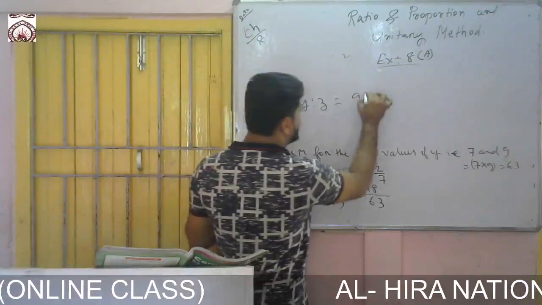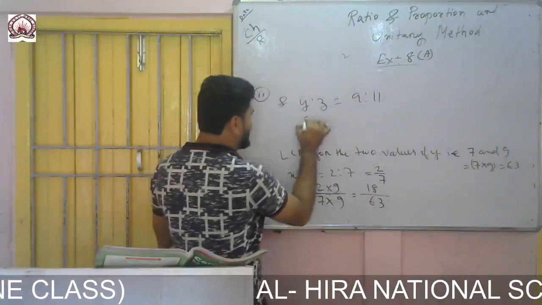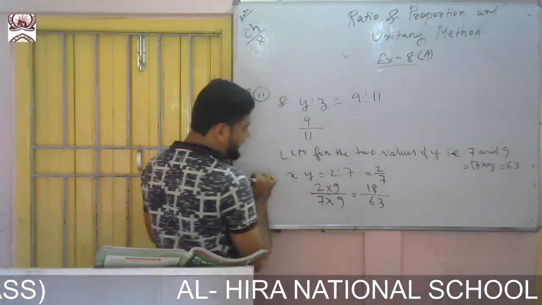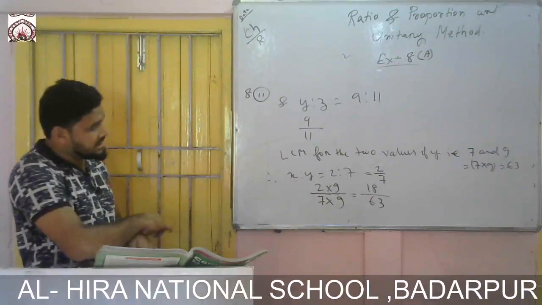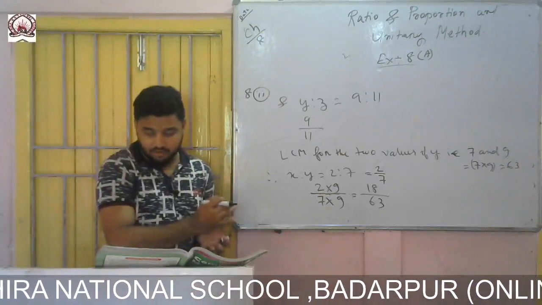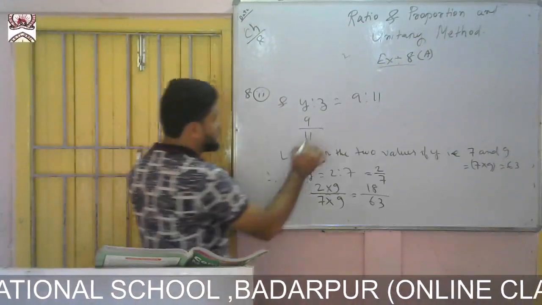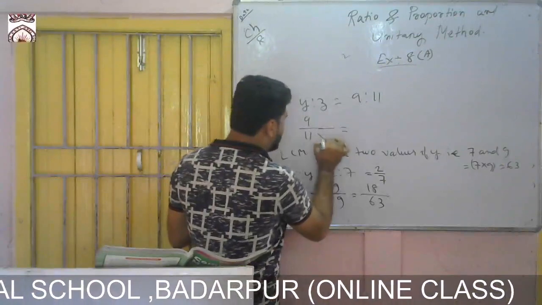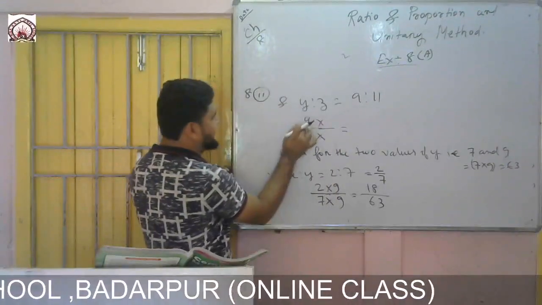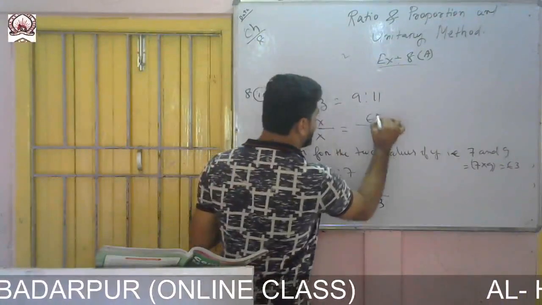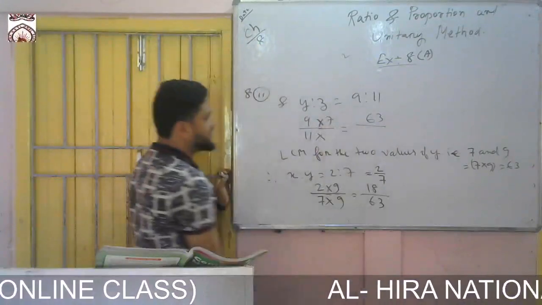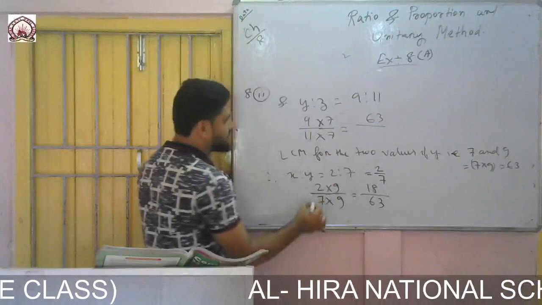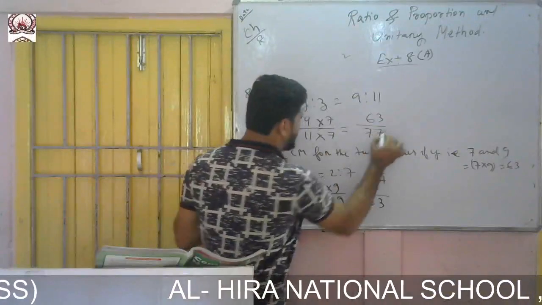That means 9 by 11. So I need to make the value of y, that is 9, into 63. So 9 times 7 is 63, so here also 7. So it is 77.